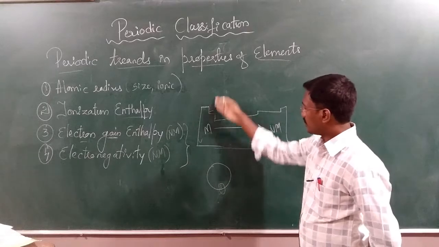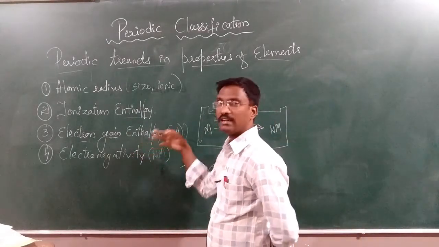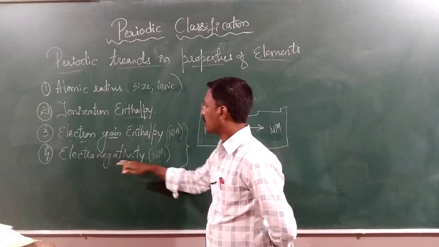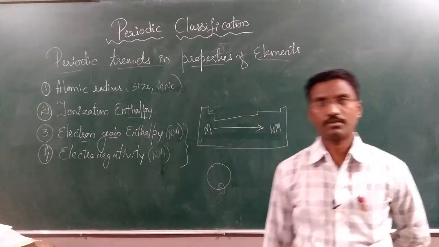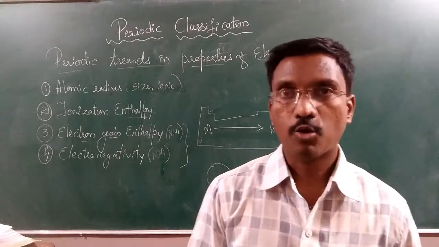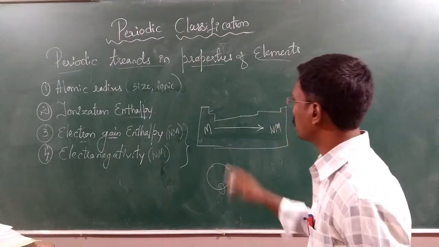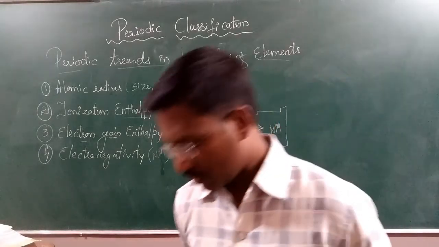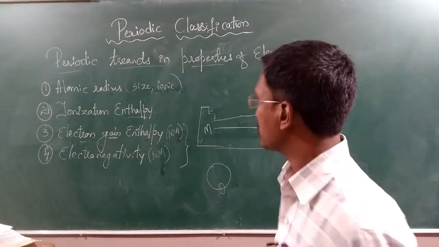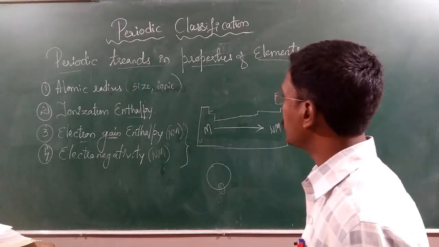And as we move down the group, electron gain enthalpy decreases. Or in other words, electronegativity also decreases as we move down the group. Are you getting this one? This is about electronegativity and electron gain enthalpy. These both are about non-metals. So this is about the properties, the strength of the properties, how they vary in the periodic table.